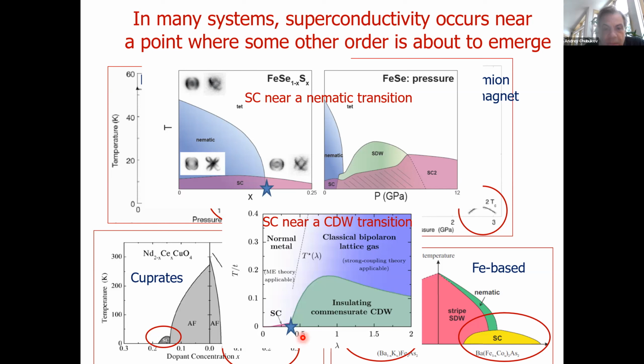So let me then take a bird's eye view and look at all these examples from a maybe oversimplified but still generic perspective.